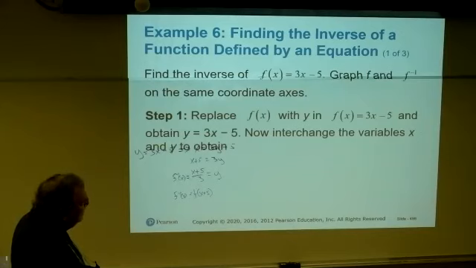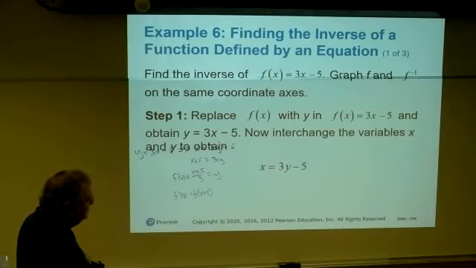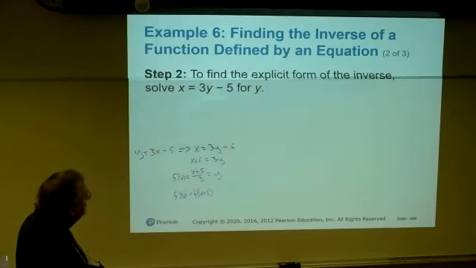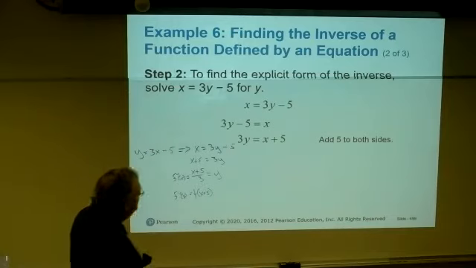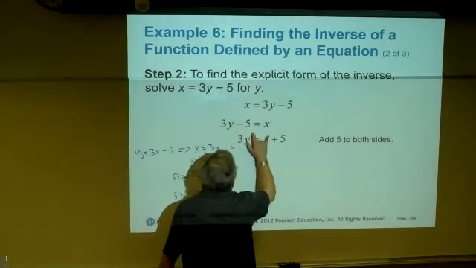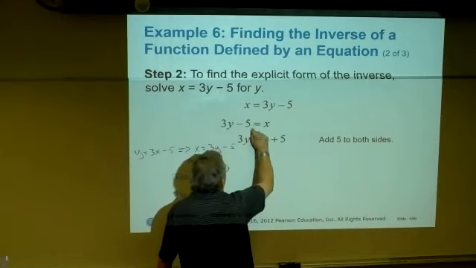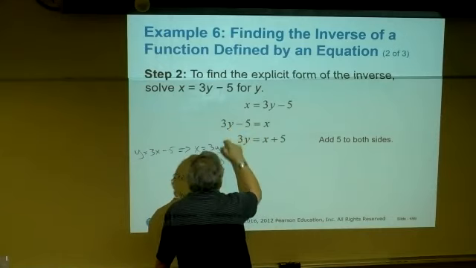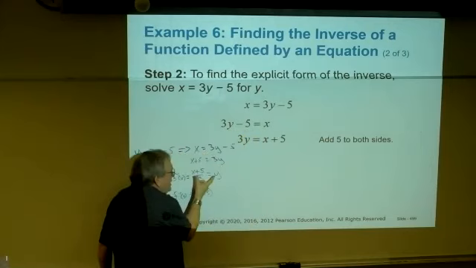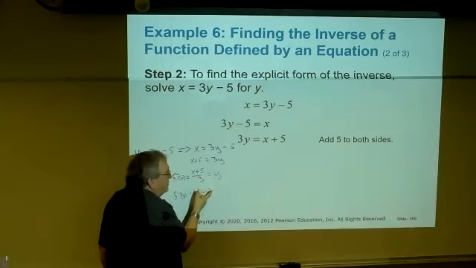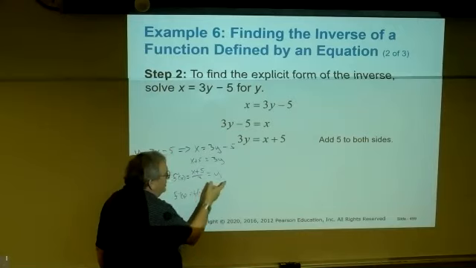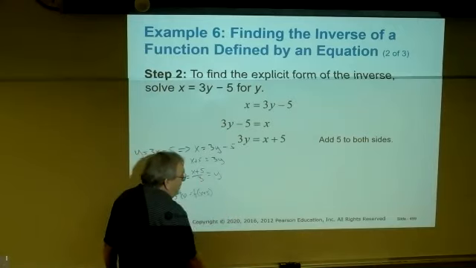So replace the f of x with y, and then you interchange the x and y, and then you solve for y. And please notice here, all they did was switch the sides of the equal sign. So they would have y on this side. You don't need to have y on that side, because then they're doing the exact same thing I did.